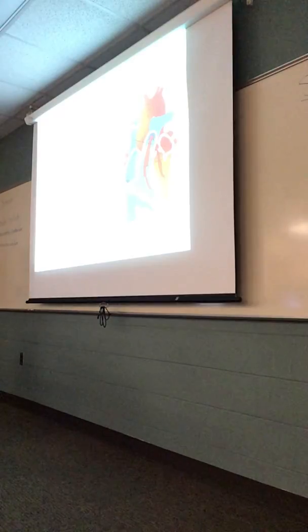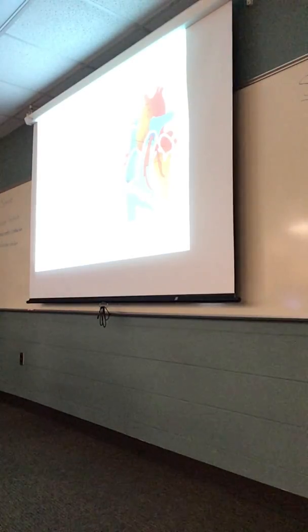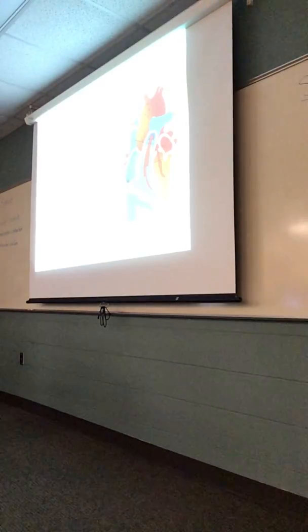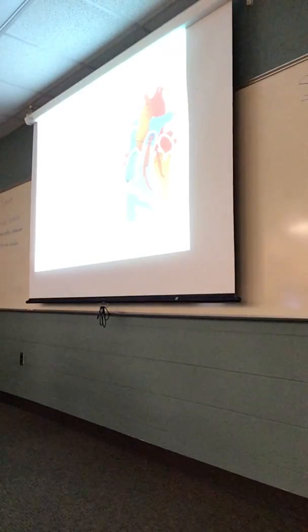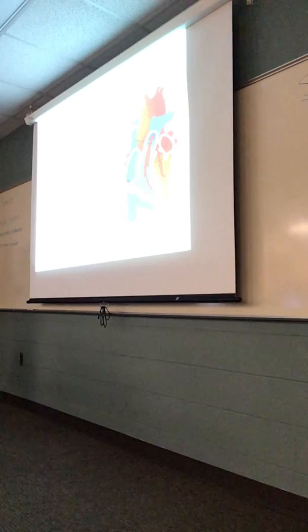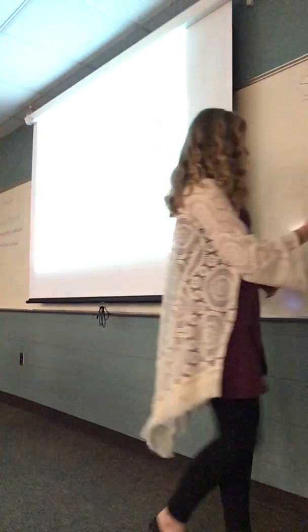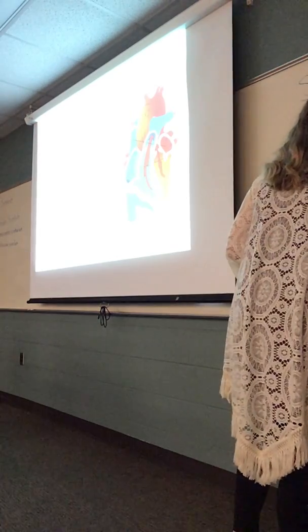So go ahead and just on your piece of paper somewhere, prove to yourself that you can do this. Use that calculation to calculate a normal stroke volume. Use the normal end diastolic volume and the normal end systolic volume. So what did we say our average end diastolic volume was? 130 milliliters.